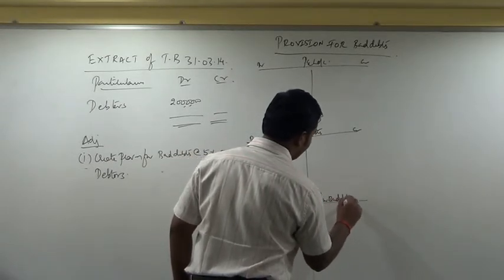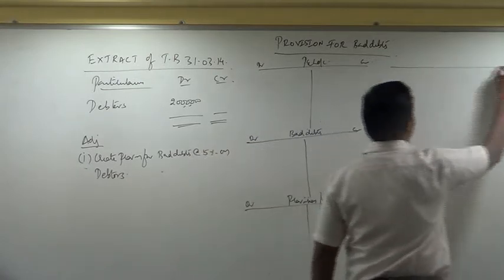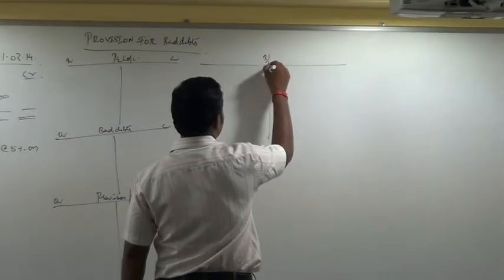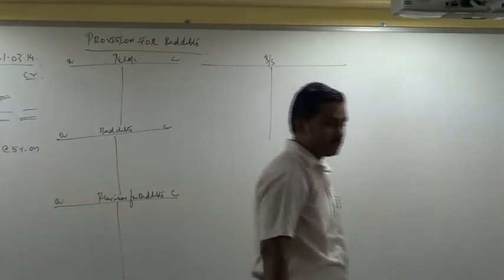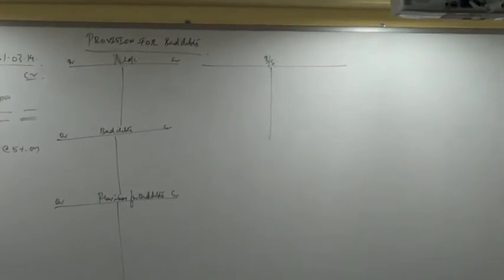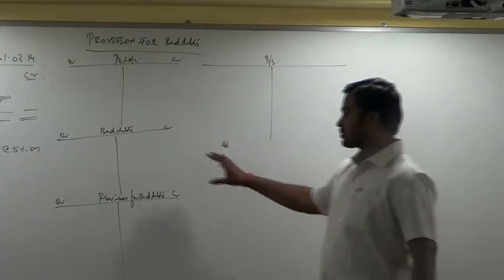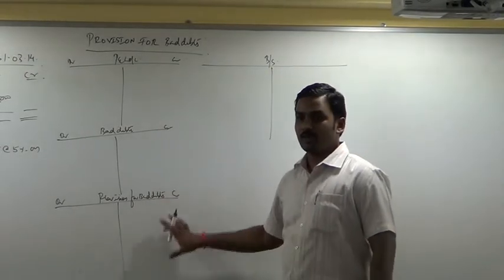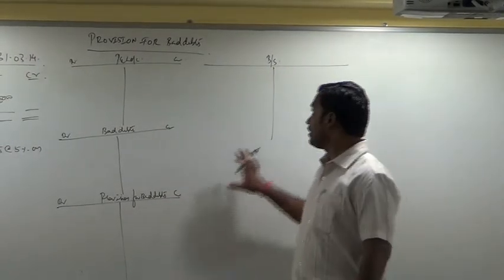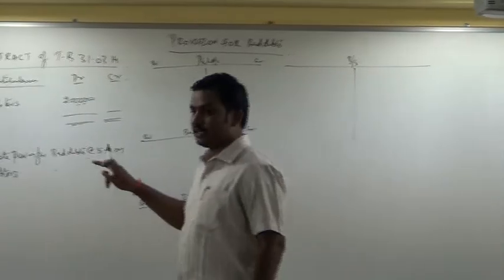Open provision for bad debts account, and also open a small balance sheet. So please open a small P&L account, a small bad debts account, a small provision for bad debts account, and then a small balance sheet. Let us see how we are going to deal with it.